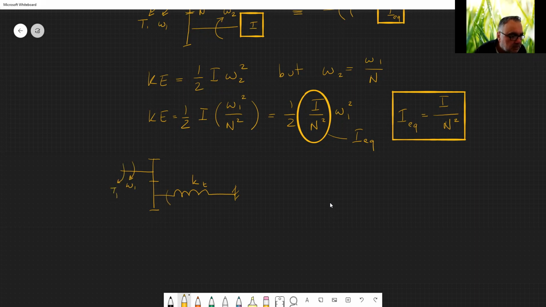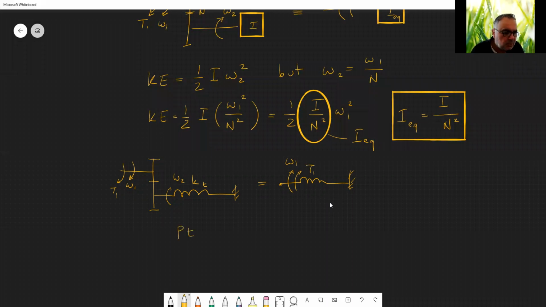This is omega 2. Here you want to find the equivalent spring constant of this system, with a gear. This is omega 1. But omega means theta here, by the way, T1.